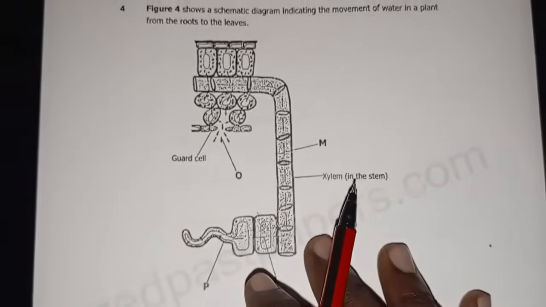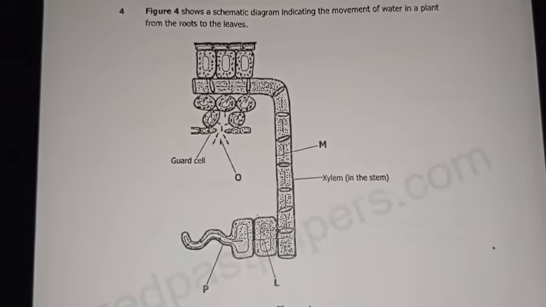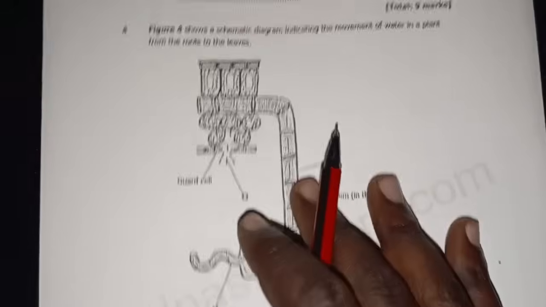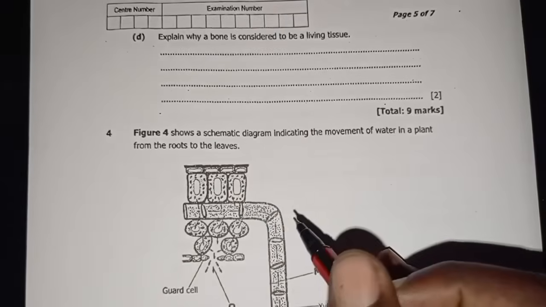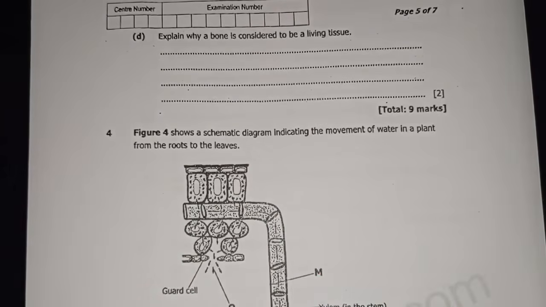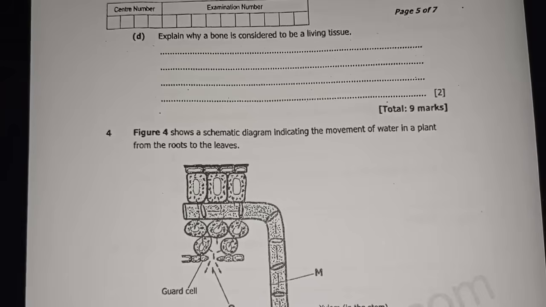We now go to this question: explain why a bone is considered to be a living tissue. They just want you to explain why a bone is considered to be a living tissue. What is the answer there? You just tell them that it contains blood vessels and bone cells. And you know what cells are.